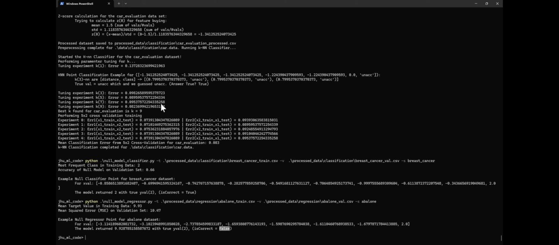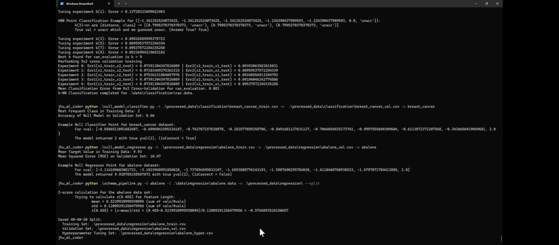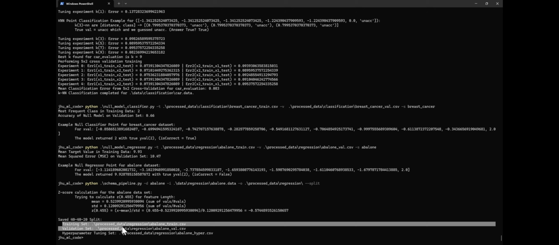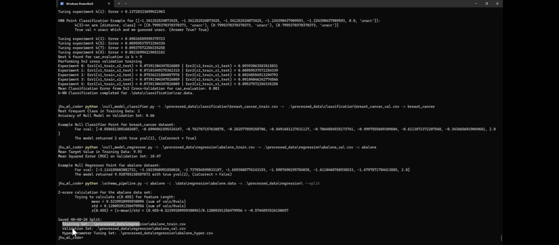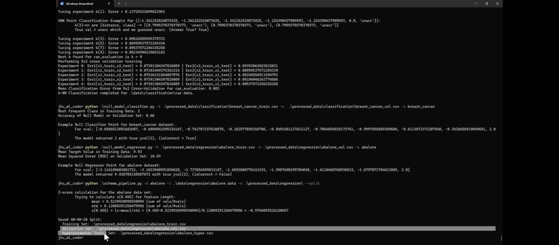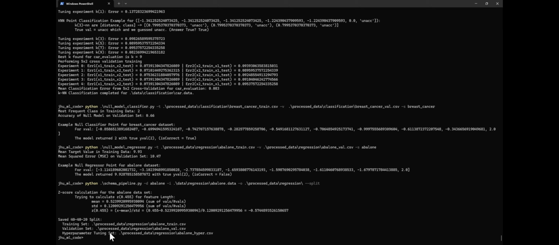Okay, the next thing I would like to talk about is how we split the different data sets. I'm going to be running the abalone data set, as you can see here. I'm running my split function in my pipeline, which will split it into a training set, which is 40%, the validation set, which is also 40%, and a parameter tuning set, which is 20%.